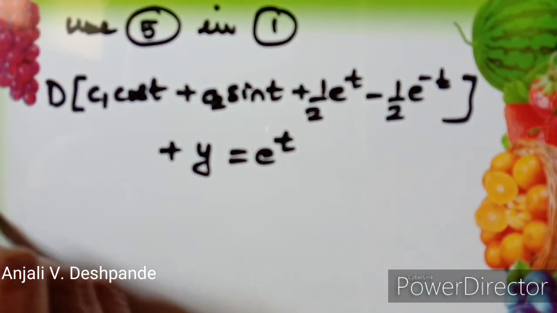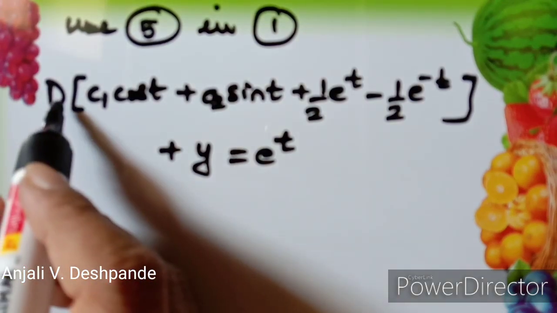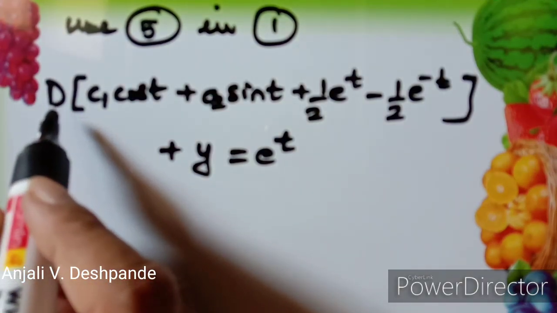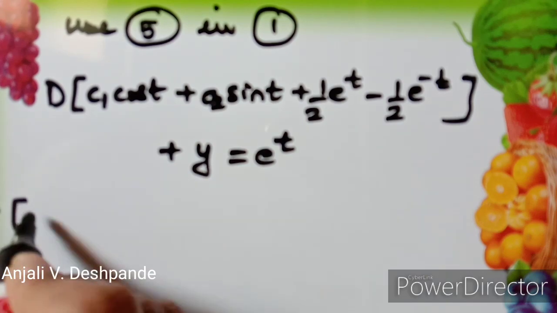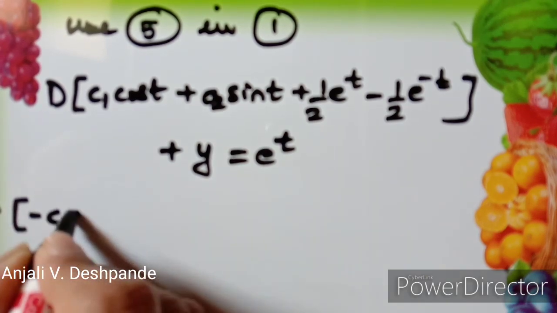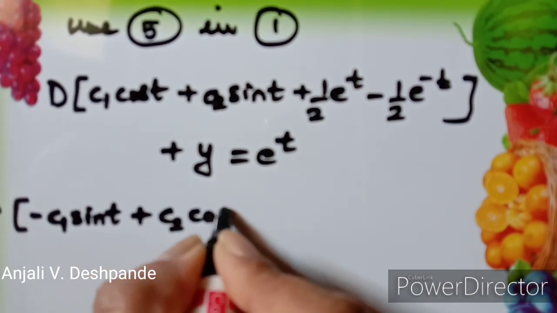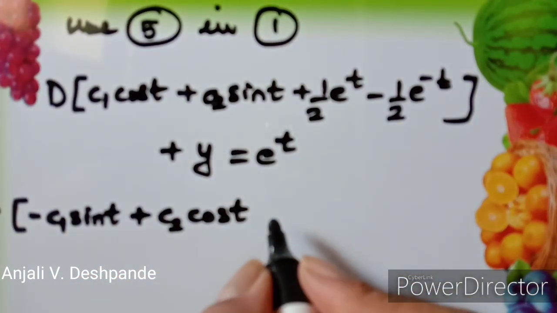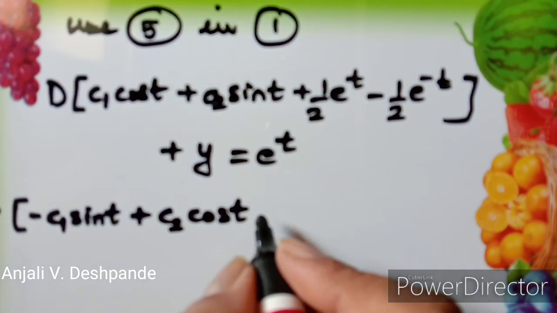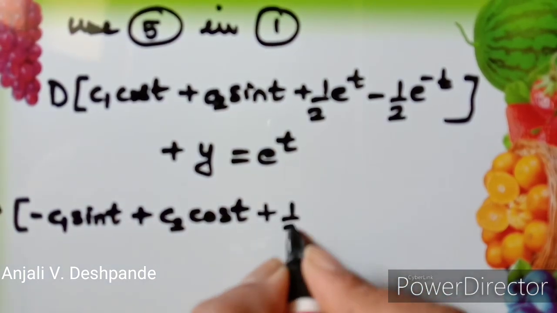So D is the operator d by dt, so this will give us minus C1 sin t plus C2 cos t, then plus 1/2 e raised to t.